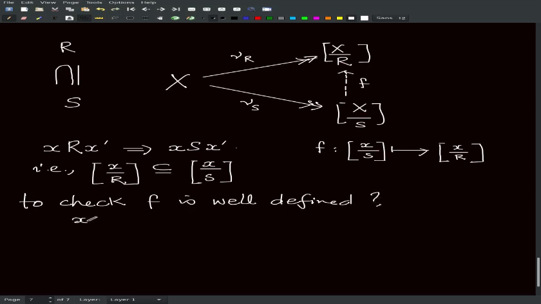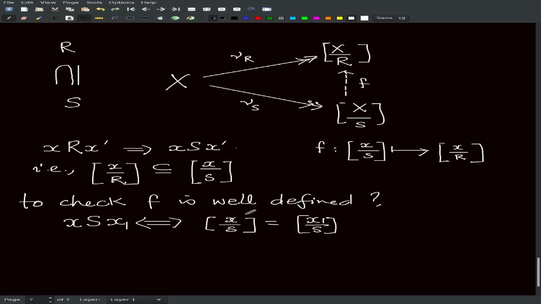Because you see x by S, if x is equivalent to x prime, say, let me write x1. So this is, in this case, exactly the situation when x by S is equal to x1 by S, right? Okay? Now see, there is a problem with this.